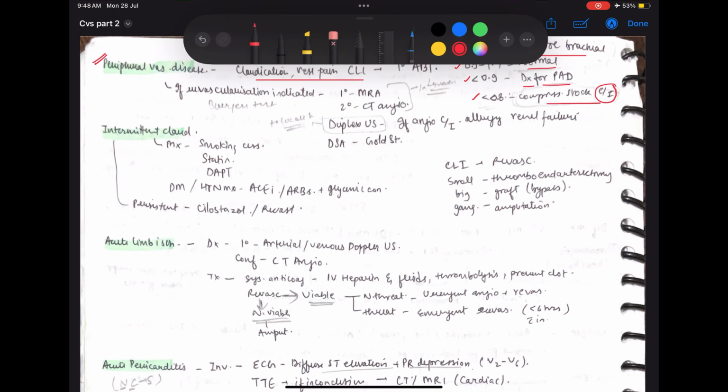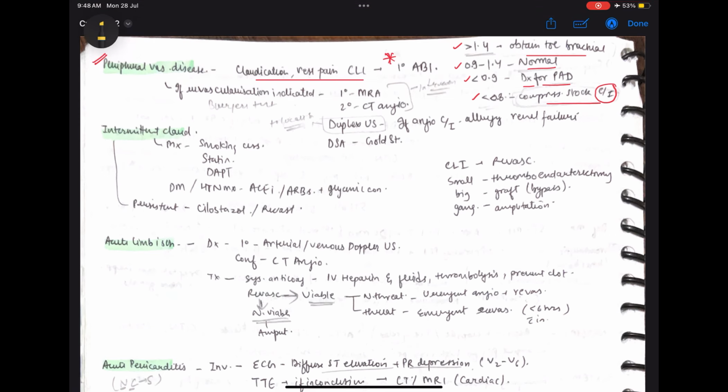Then, if the revascularization process is indicated, what are the investigations we have to do? The initial investigations, if revascularization is indicated, are MRA and CT angio. These two we are doing only when intervention is planned, right?